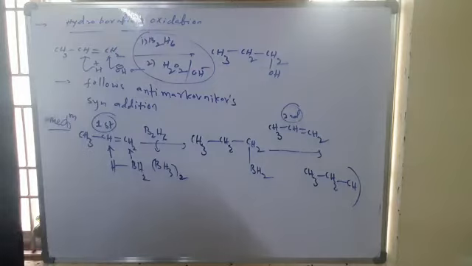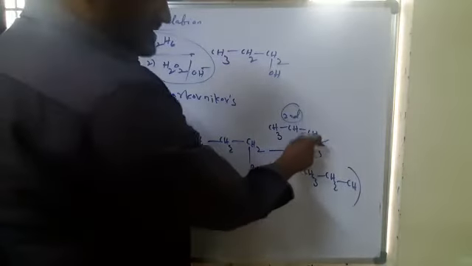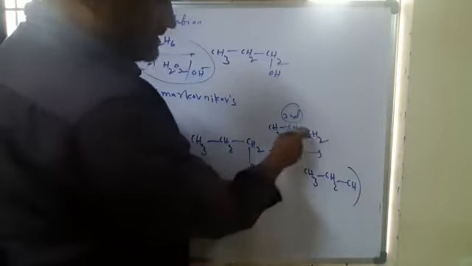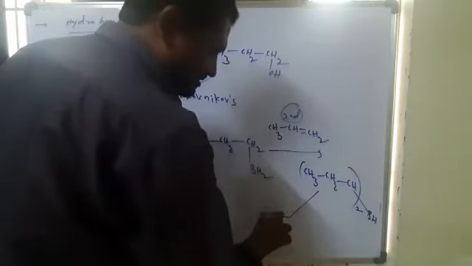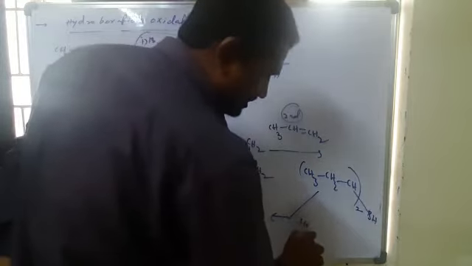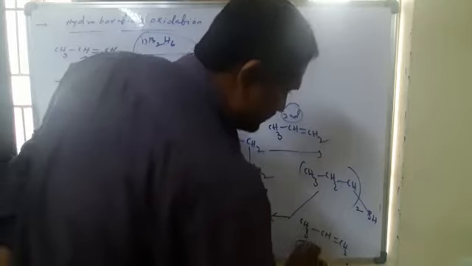So this BH2 attacks at the less hindered side, and H attacks the more hindered side. So again these parts will become 2. Again the third mole of alkene: this is the third mole of alkene.